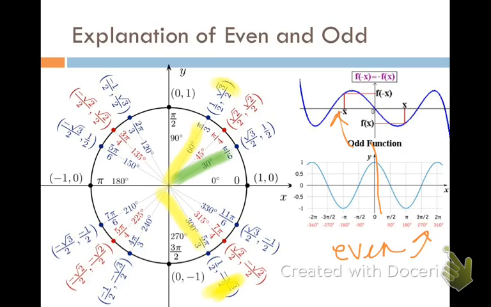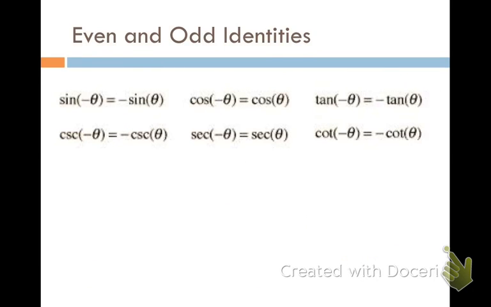If I were looking at cosine, root 3 over 2, it's still positive root 3 over 2. So moving back a page real quick, if you take the negative angle in sine, you get the negative version of the sine value. If you take the negative angle of cosine, you do not get the negative. So we have odd, these are odd, and even.